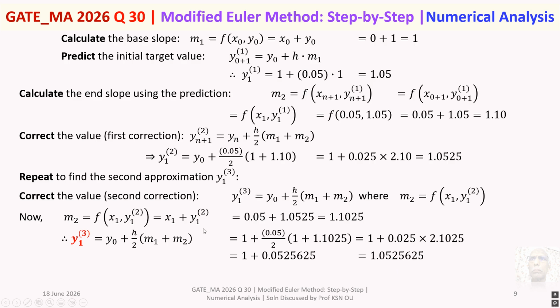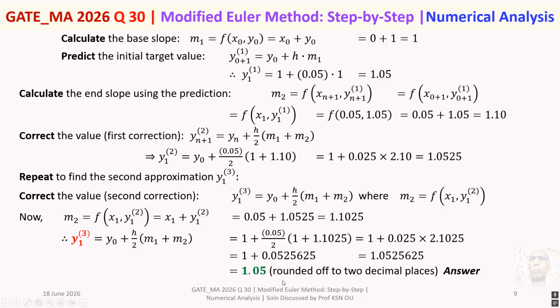We got 1.0525625. This is a numerical answer type question, where the answer is to be rounded off to two decimal places. So the answer is 1.05, rounded off to two decimal places, and it is the answer for this question. This is the value of y1 at the second correction.